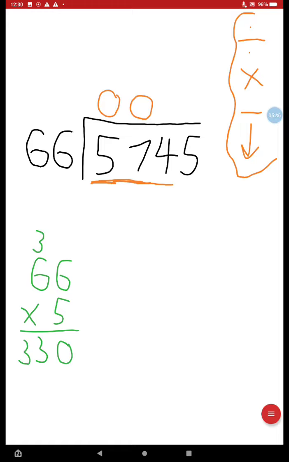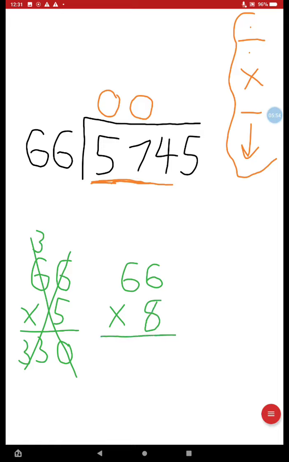574 is still a lot bigger than that. So let's try another number. Let's try 8. 66 times 8. All right. 8 times 6 is, very good, 48.